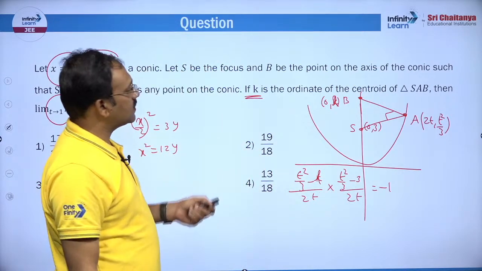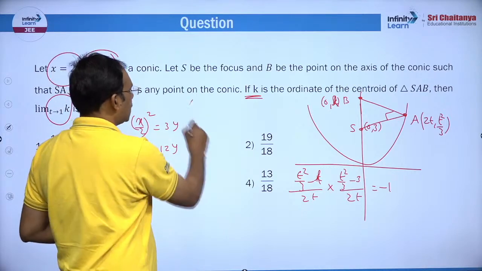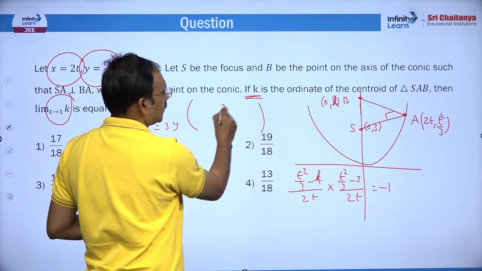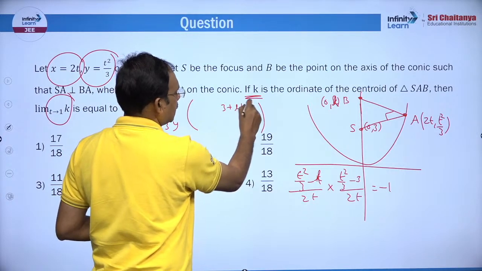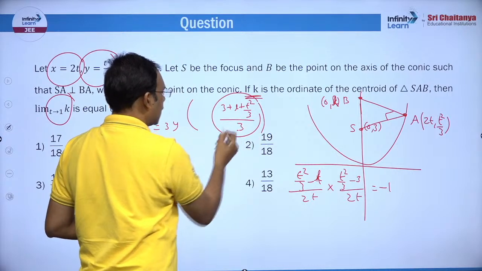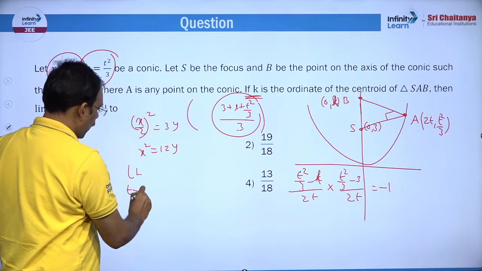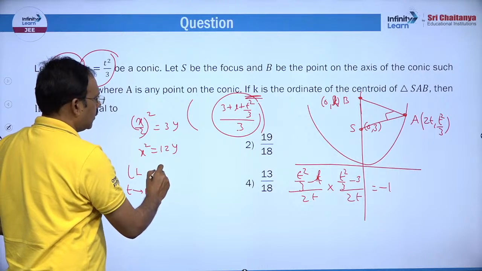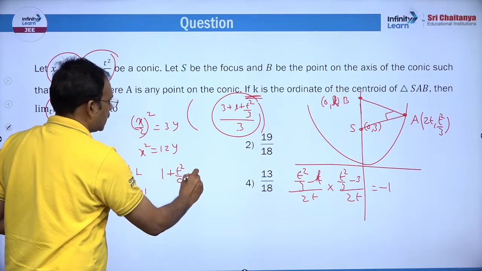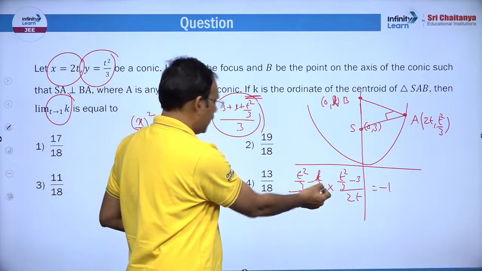Then k is the ordinate of the centroid of SAB. The SAB triangle's centroid ordinate means (3 plus L plus t square by 3) by 3. This you have to take as k. So, friends, this k, limit t tends to 1, you can write (1 plus t square by 9 plus L by 3). From where will you get L? This L you will get from here.